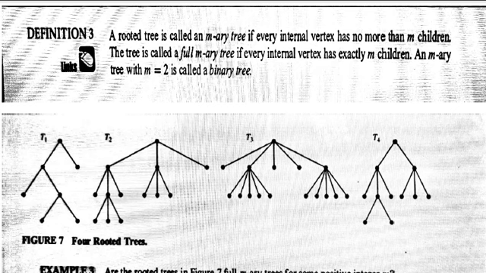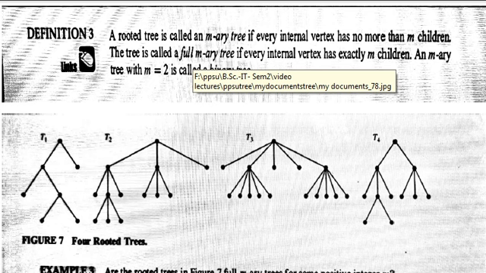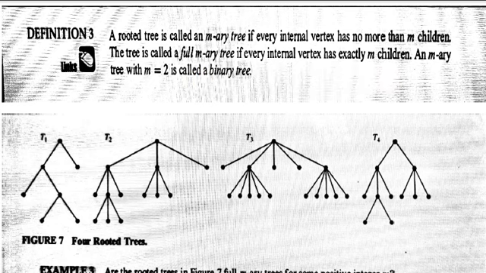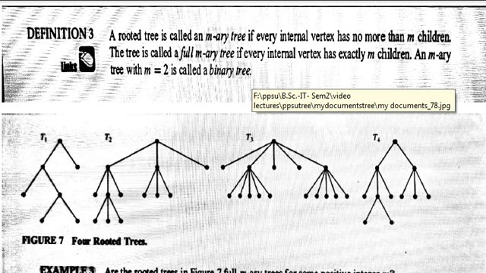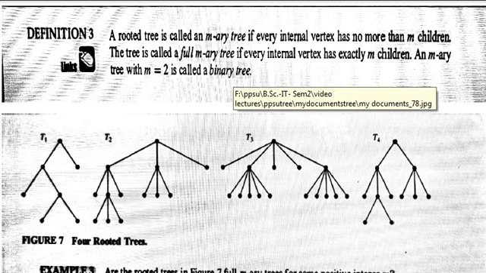In the same way, a full M-ary tree means exactly M children: a tree is called a full M-ary tree if every internal vertex has exactly M children. In a full 3-ary tree, all internal vertices have exactly 3 children. If M is equal to 2, it is called a binary tree. You have to remember this definition. That means all internal vertices have exactly 2 branches.